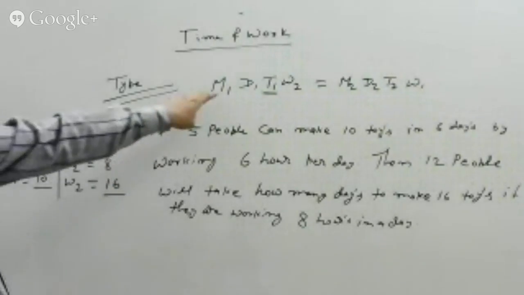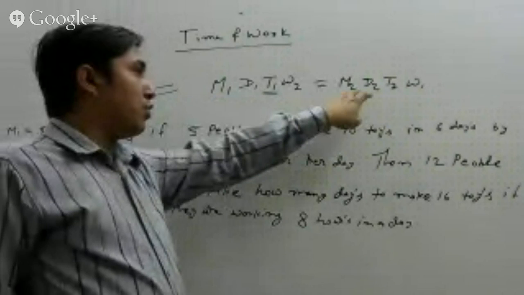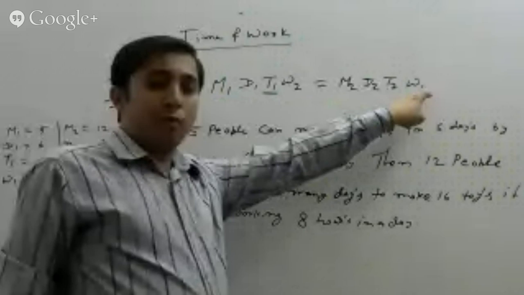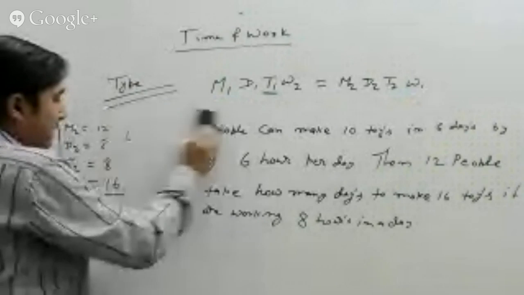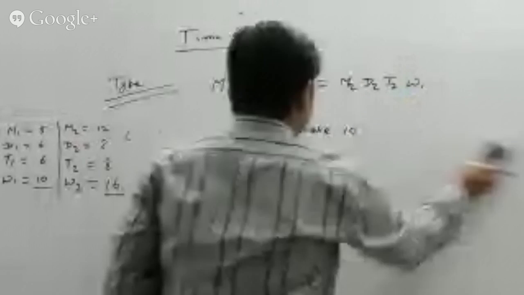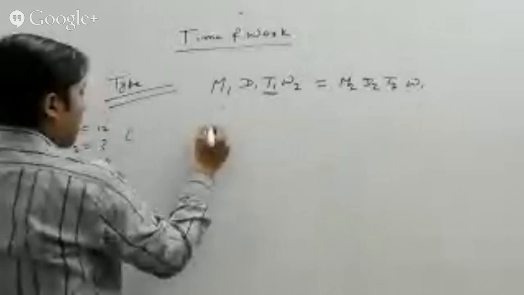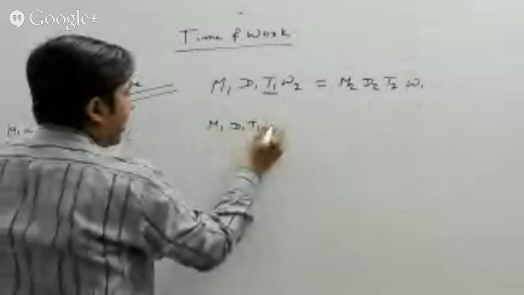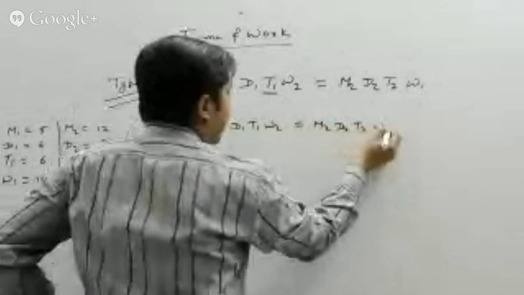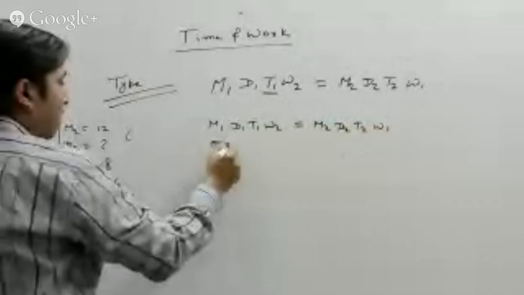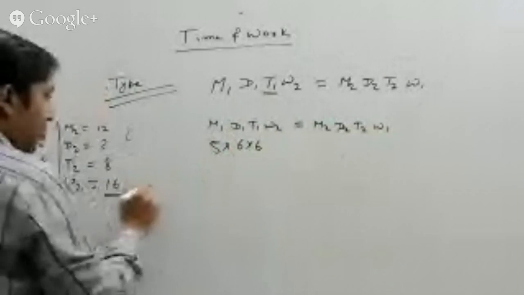So we will apply the formula M1 D1 T1 W2 is equal to M2 D2 T2 W1. By putting values: M1 is equal to 5, D1 is equal to 6, T1 is also 6 and W2 is 16.